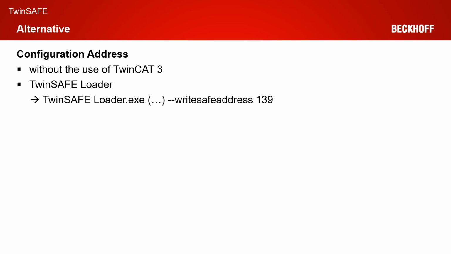There will be a new version of the TwinSAFE Loader, which also supports the safe address configuration. As shown here, you can use the TwinSAFE Loader command line with the new additional parameter, write FSoE address, in our case 139, to configure the AMP address.